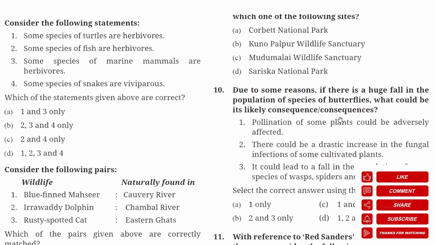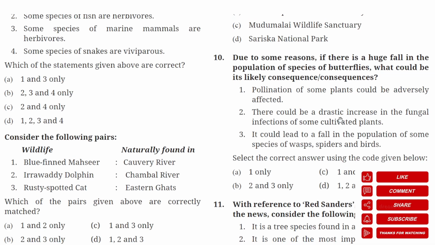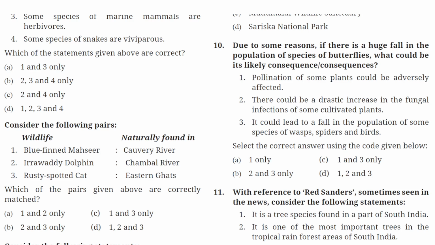Question number 10. Due to some reasons, if there is a huge fall in the population of species of butterflies, what could be its likely consequence or consequences? Let's see.